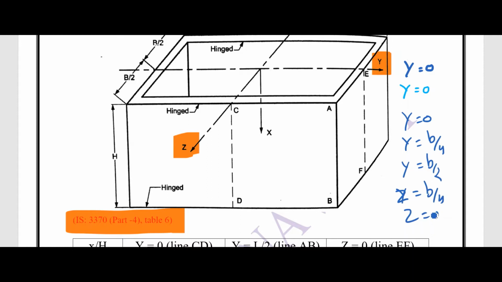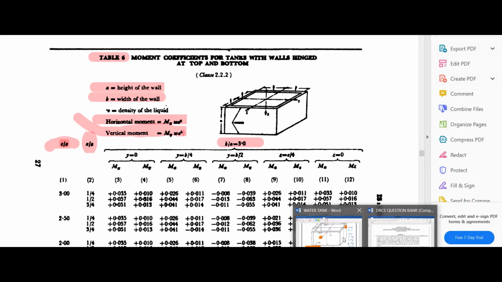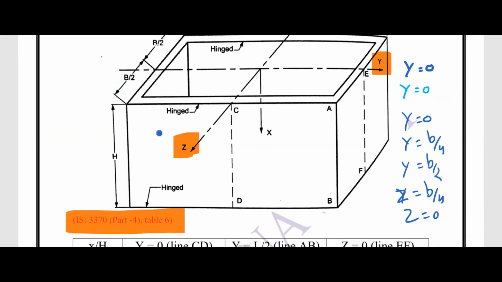This type of thing we have in this table. Now in this figure, what is b? B is the length.